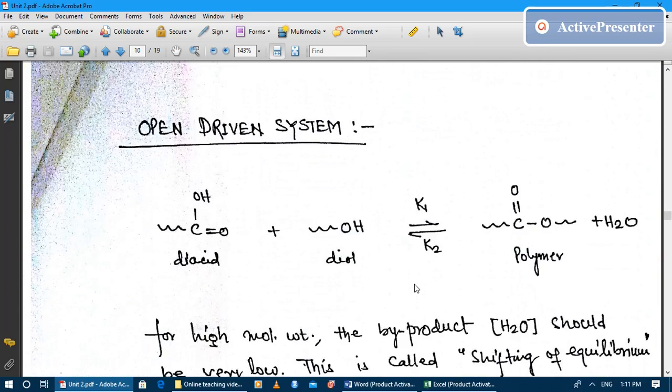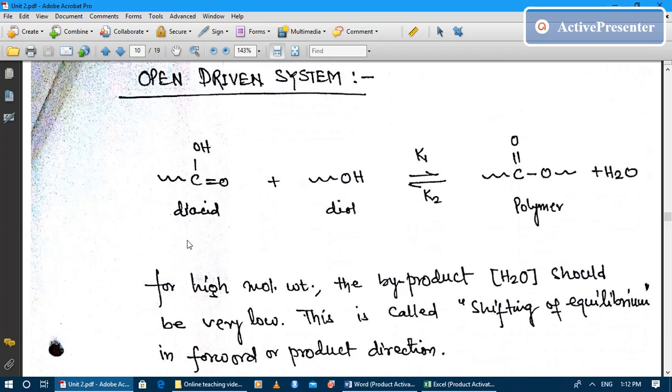Now let us see what the condition is in the case of an open driven system. Diacid and diol react with rate constants K1 and K2. Polymer, which is a polyester, is forming, and the byproduct water is forming.